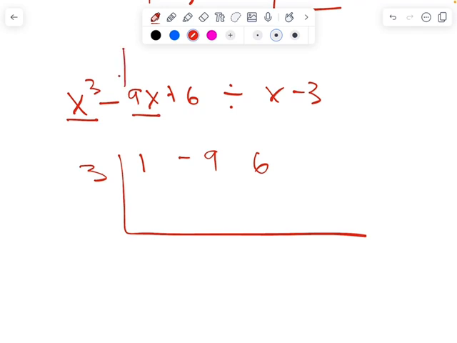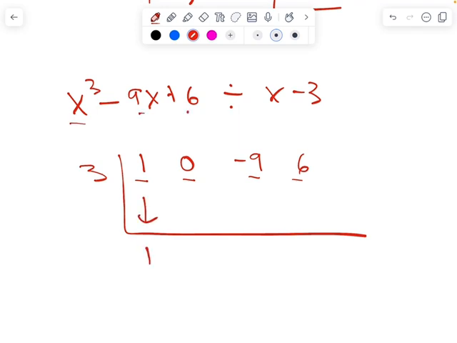There's nothing for x squared, so I've got to add an x squared in there. So the way to do this correctly is we're going to do a 0, negative 9, and 6. Now that means this is to the third, to the second, to the first, and to the 0th, a constant. And that matches up better.